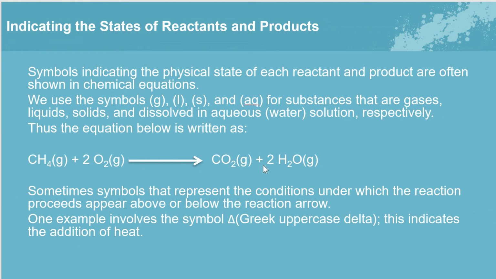So in addition to our reactants and products, sometimes you have other conditions required for the reaction, and you would see that either above or below the reaction arrow. Another thing might be temperature. Apart from just heat, it might be a specific temperature.